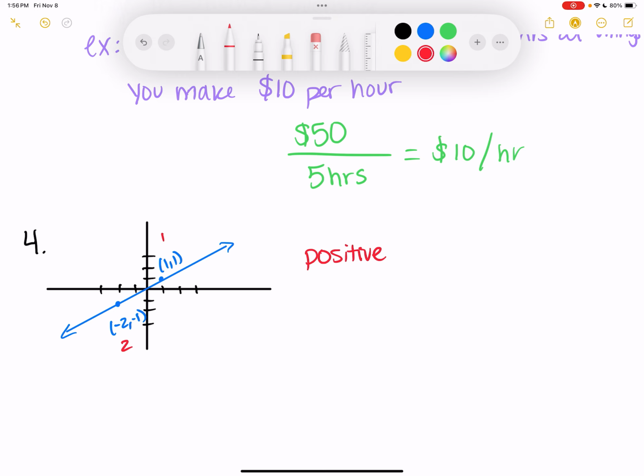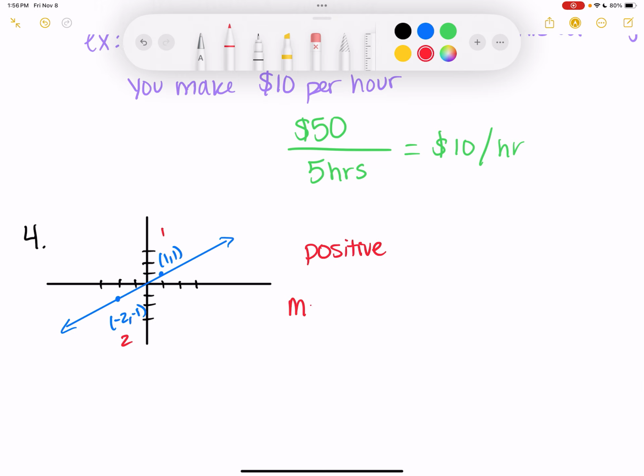So I'm going to set up slope. m equals y2 minus y1 over x2 minus x1. y2 is negative 1, so negative 1 minus y1 is 1, over x2 is negative 2 minus x1 is 1. So what's negative 1 minus 1? Negative 2. What's negative 2 minus 1?